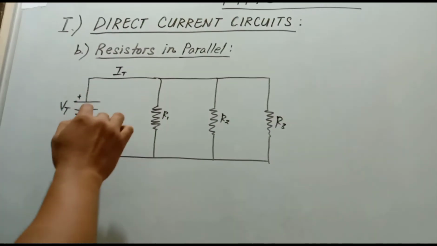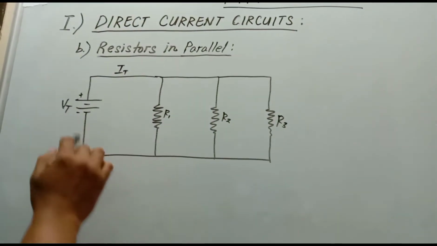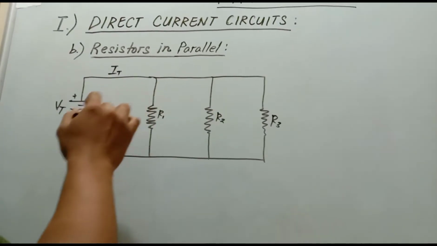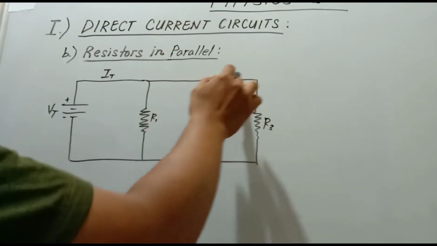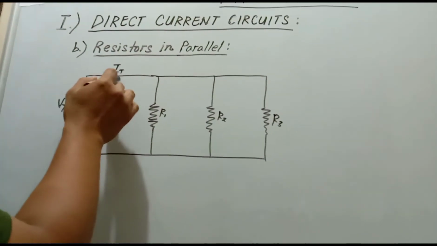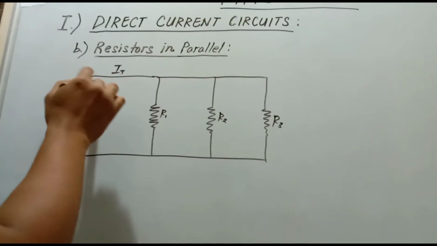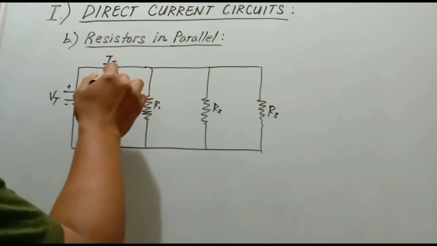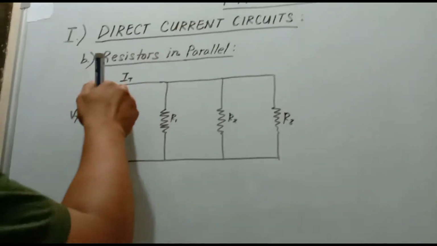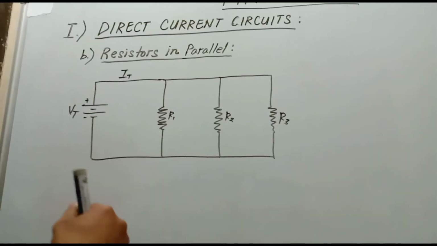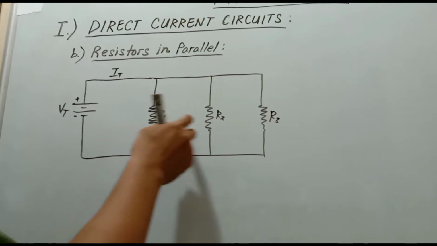Once the resistors are connected to a source, there will be a current flowing through these connections, the total current. Once it enters a junction, the total current will be distributed to the three resistors.